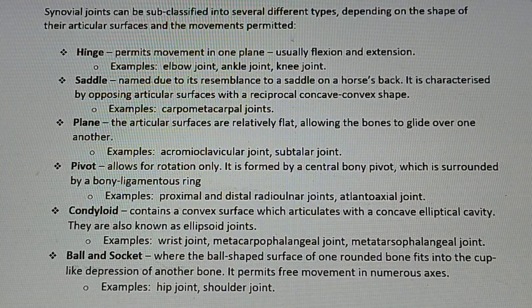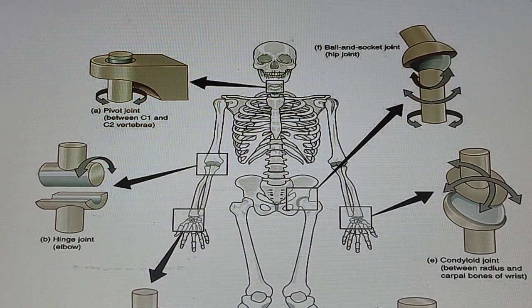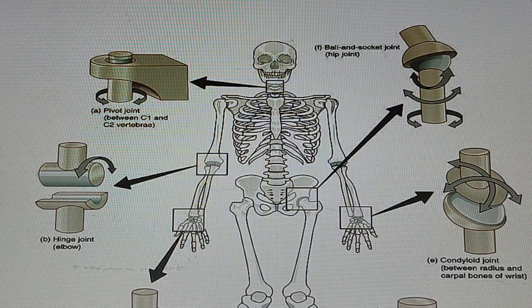These are the sub-classifications of synovial joints: hinge, saddle, plane, pivot, condyloid, and ball and socket joints. If you look at this picture, all of these joints you can see here. Just take a look at it.